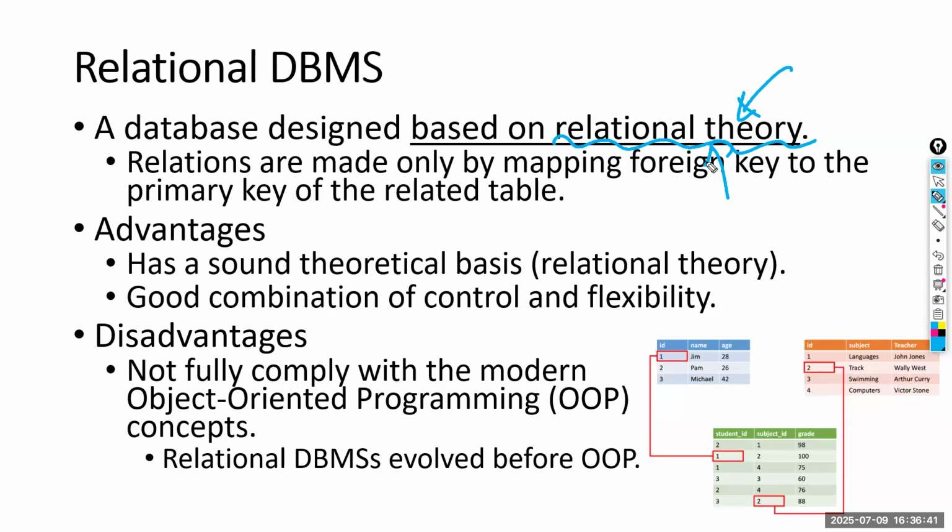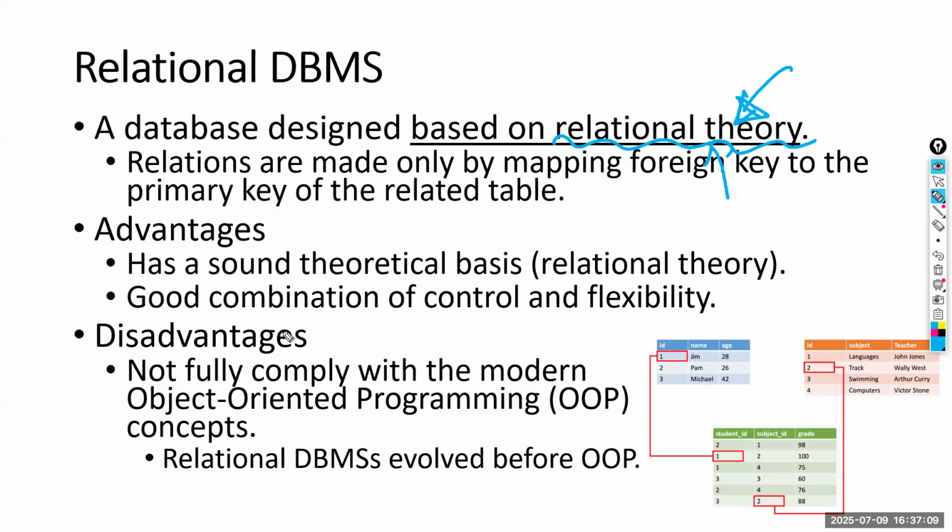So relational databases are still the most widely used, but not the ideal or ultimate solution, because our needs keep changing. Especially now we are more and more using semi-structured data. Yes, right now the most widely used approach is here because it has reasonably good control and flexibility.